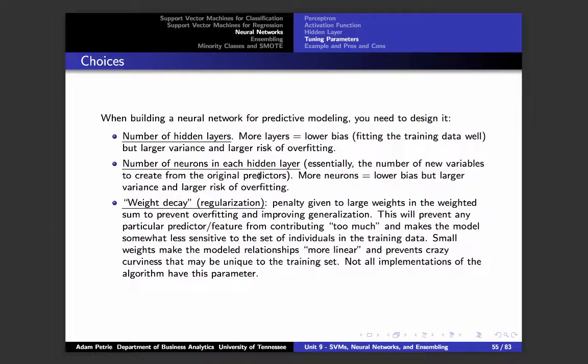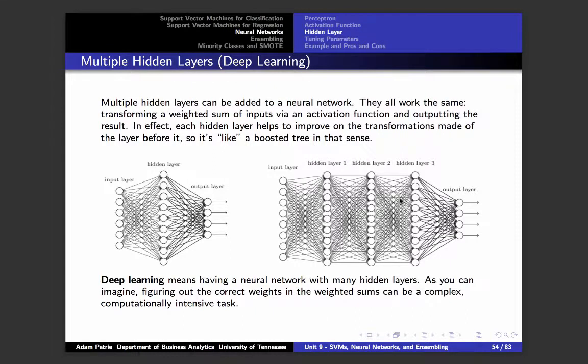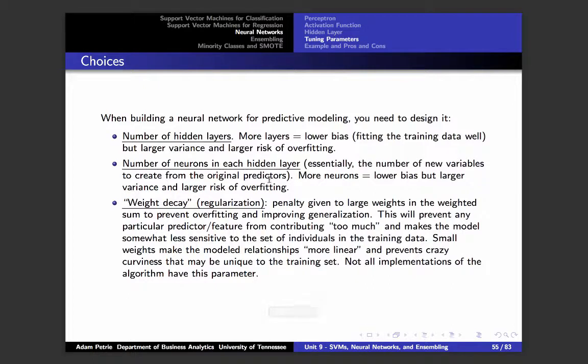And then also, because you can really easily overfit with a neural network model, because there are so many different parameters to estimate, so much information that you're taking out from the training data to estimate its form, there's an additional parameter called the weight decay, or the regularization parameter, that essentially penalizes the sizes of weights. So you're not allowed to basically take too much information all at one time from a predictor variable or from any particular input to a neuron here.